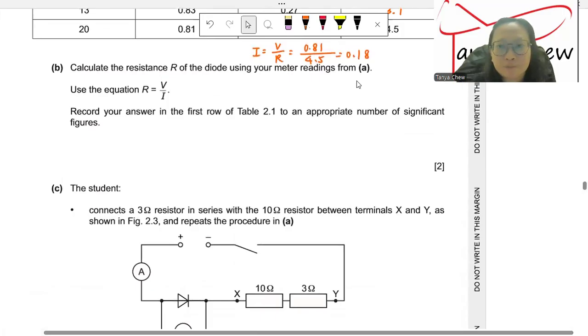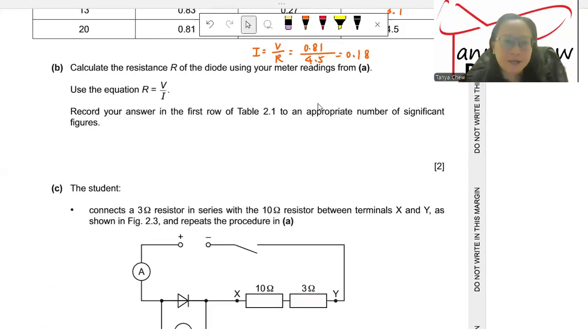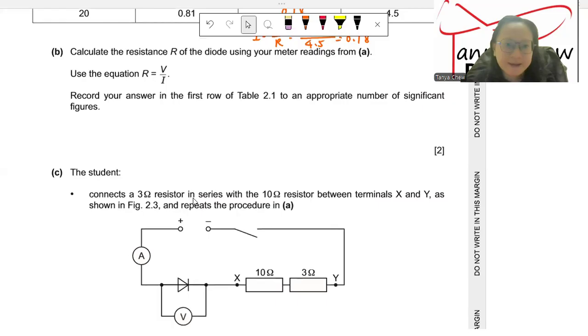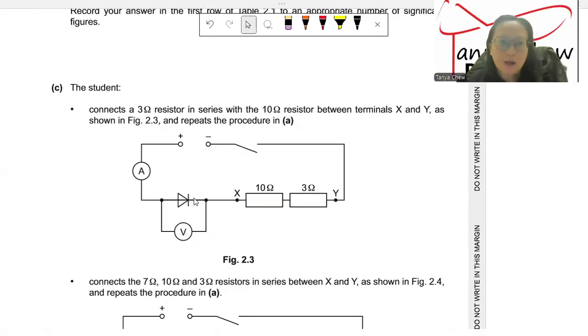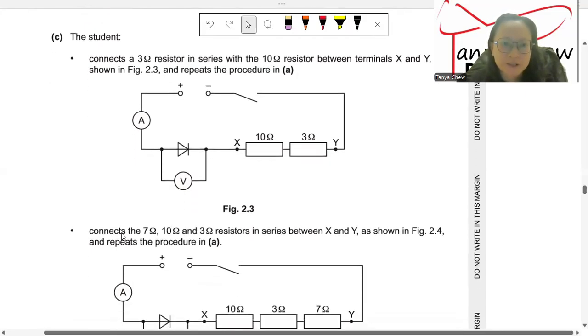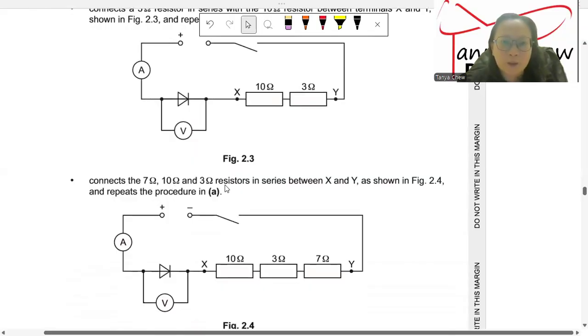C, the student connects a 3 ohm resistor in series with the 10 ohm resistor between terminals X and Y as shown in Fig 2.3 and repeats the procedure in part A. Okay, and connects the 7 ohm, 10 ohm, and 3 ohm.